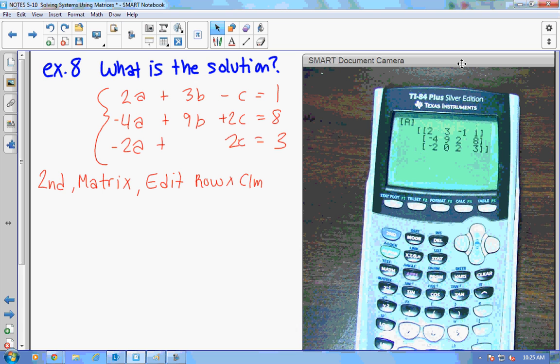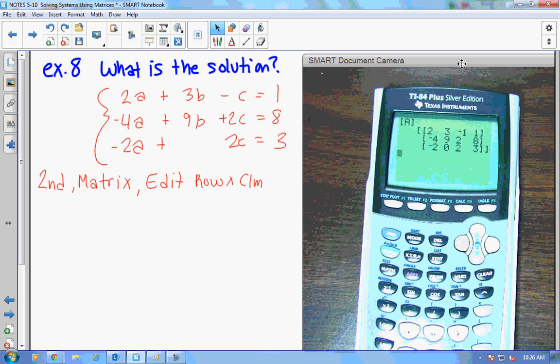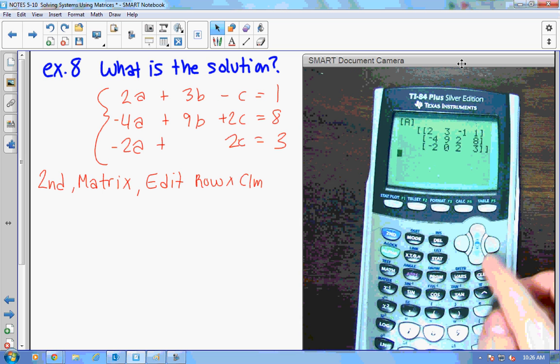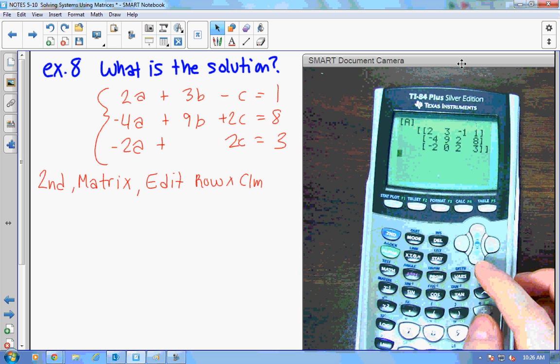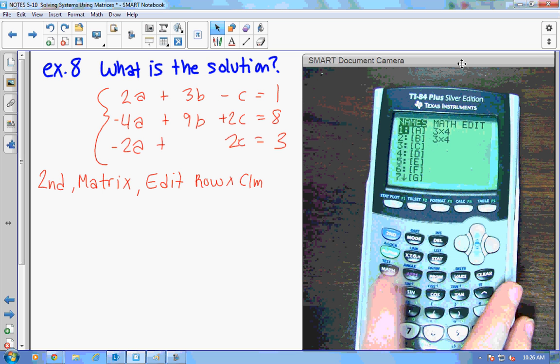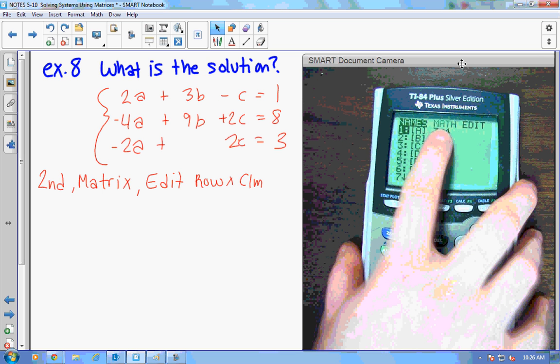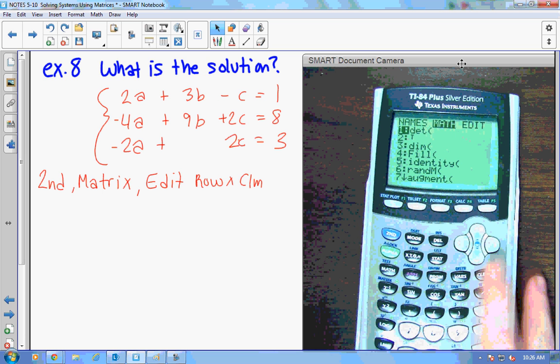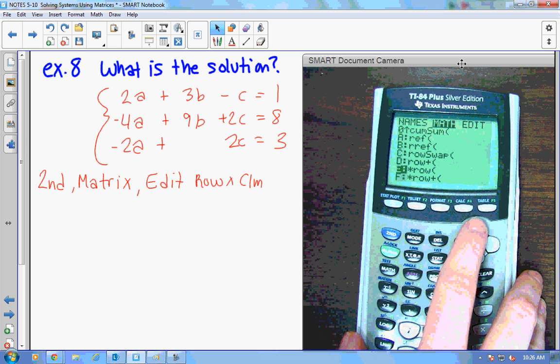Now what we've been doing on all these steps is called row echelon form, reduced row echelon form, and there's a function for our calculator to solve for us. If you go back into the matrix, second matrix, go over to math, scroll down there. Actually, I think scrolling up is easier. RREF.